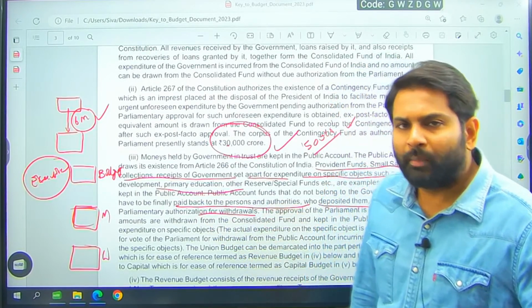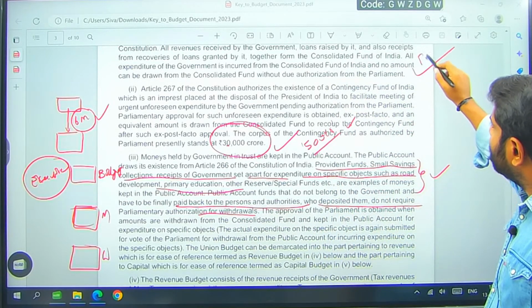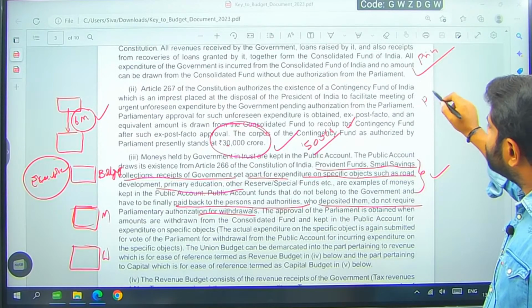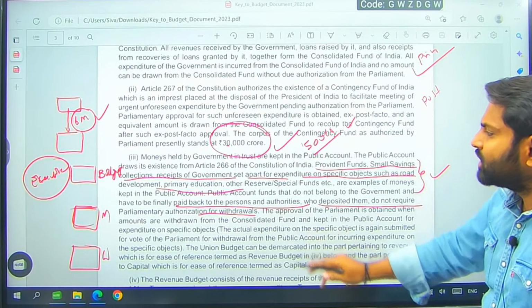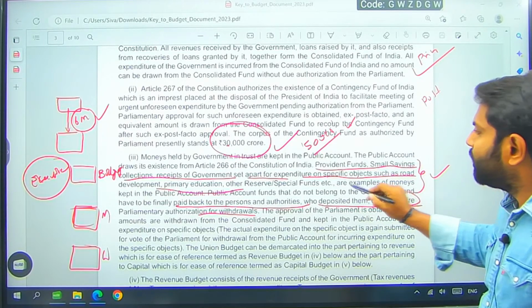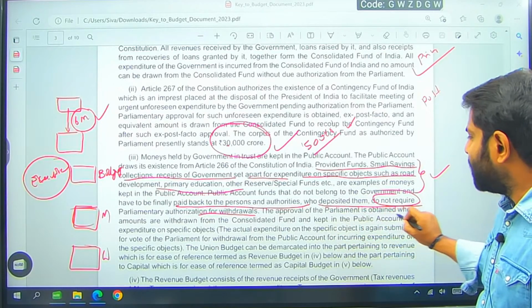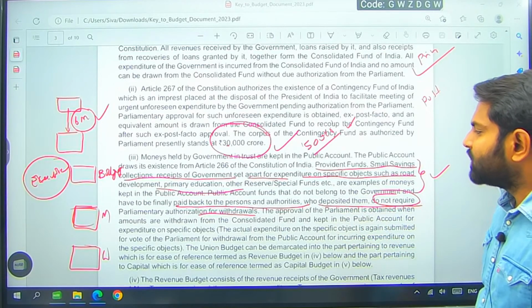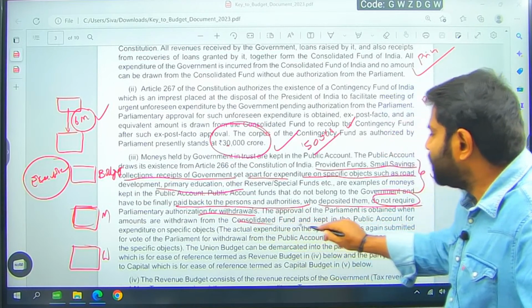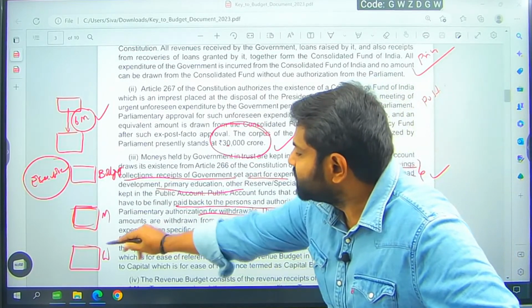So if you talk about parliamentary authorization, for the Consolidated Fund prior approval is required. For this, post approval is required. Here we are saying they do not require parliamentary authorization for withdrawals. The approval of Parliament is obtained when amounts are withdrawn from the Consolidated Fund and kept in the public account for expenditure on specific objects.